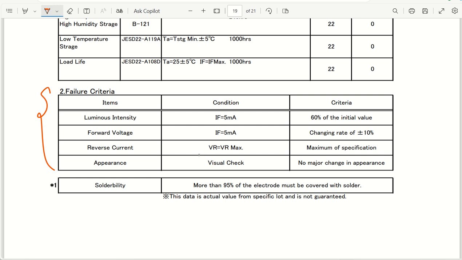They have also given the failure criteria. Let us say for luminous intensity, if the condition is a forward current of 5 milliamperes, then it tells you 60% of its initial value will be available.